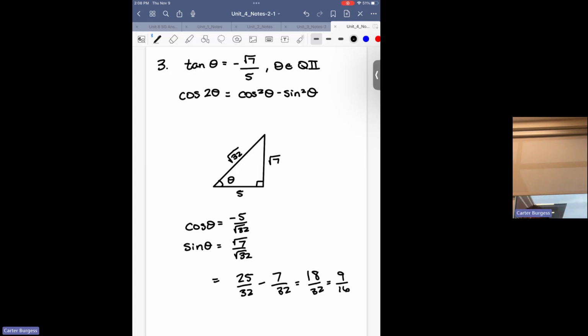And it kind of begs the question of, okay, so does the quadrant just not affect cosine of 2 theta? What's determining whether it's positive or negative? That is a fair question that I was sitting thinking through while you guys were working on these two questions.